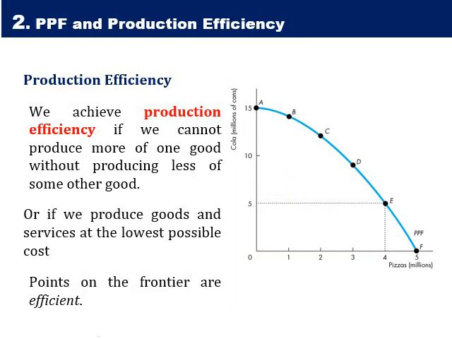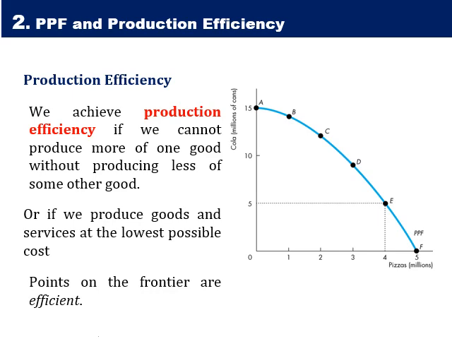The second point of today's lecture is production efficiency, which implies that our level of production is efficient if we cannot produce more of one good without producing less of some other good.